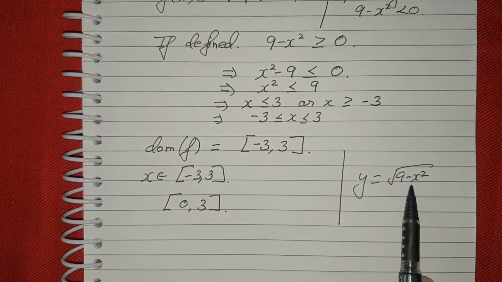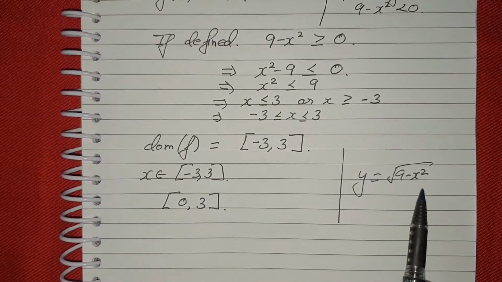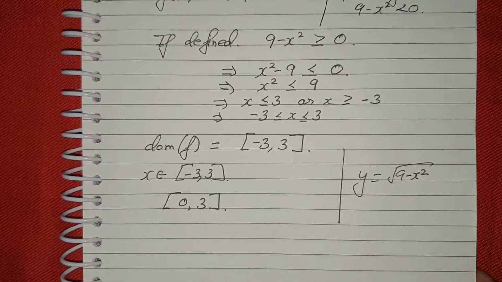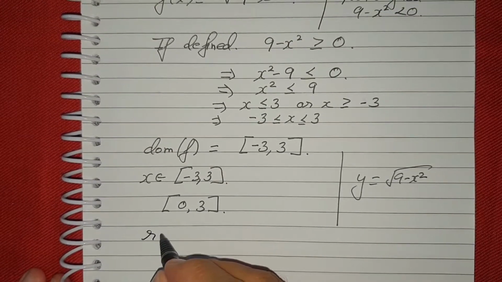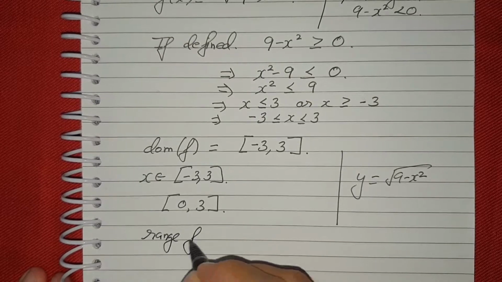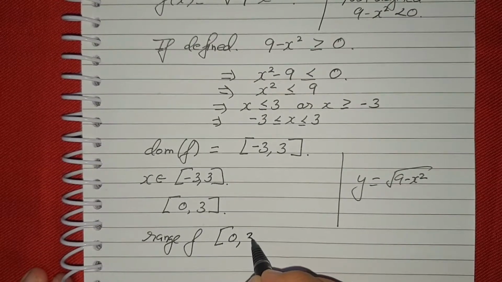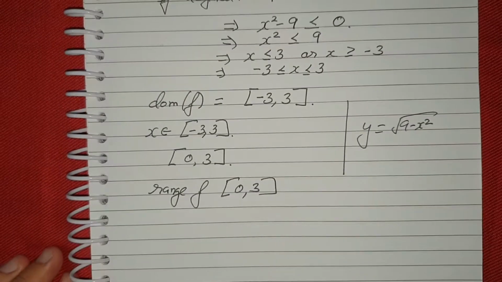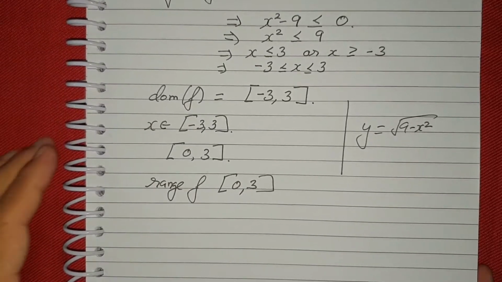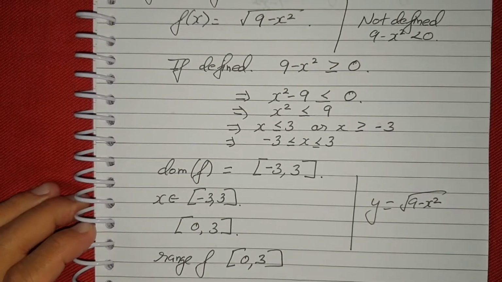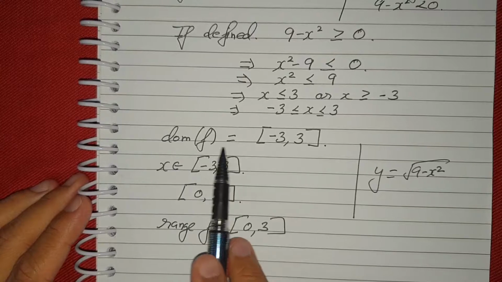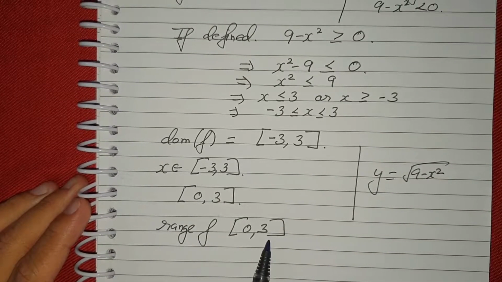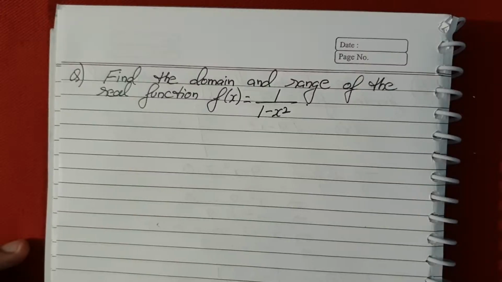If you substitute the value of x from minus 3 to 3, the range of f is [0, 3]. Hence, the domain of f is [minus 3, 3] and the range of f is [0, 3].